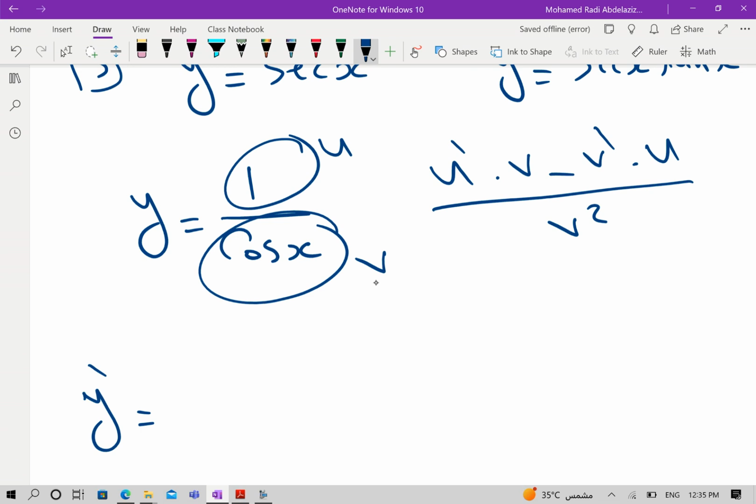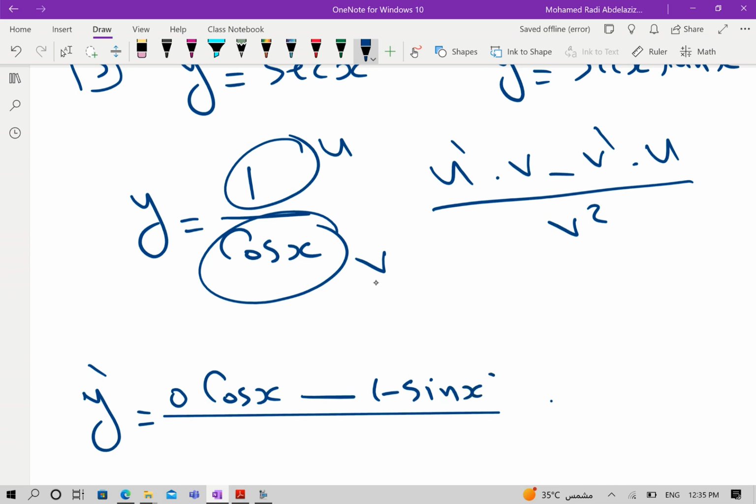Differentiation of first: differentiation of 1 is 0 multiplied by cosine x, minus differentiation of cosine is negative sine multiplied by 1, divided by cosine squared x.